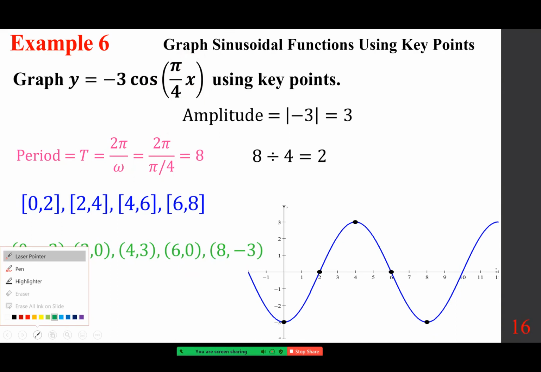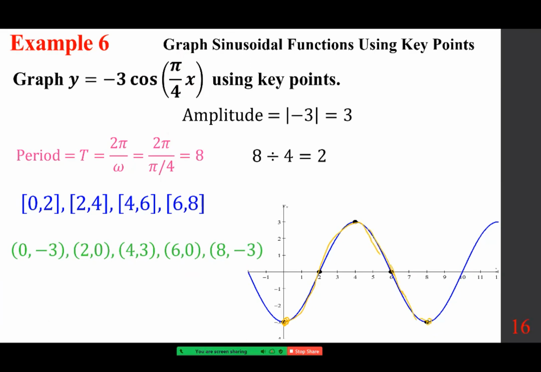Again, let me show you the main cycle. This is one complete cycle, and then you continue indefinitely from there on both sides.